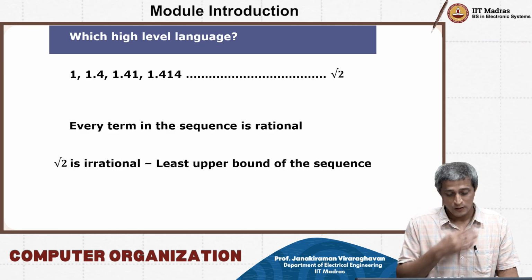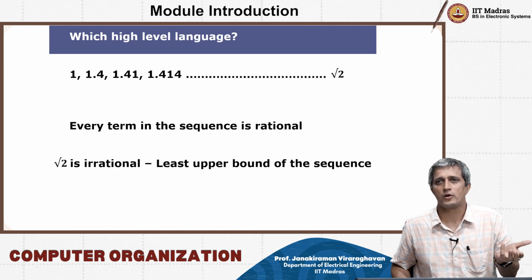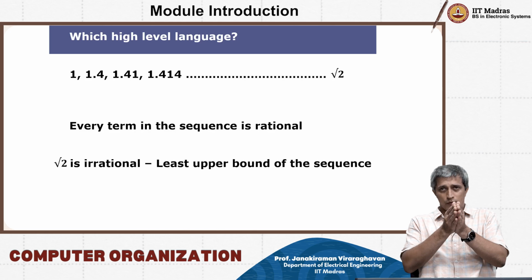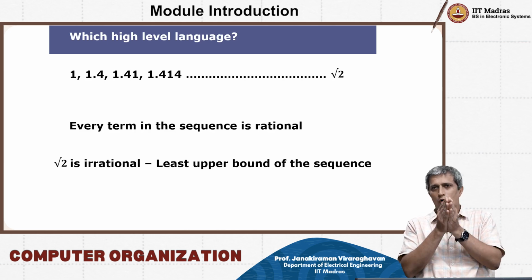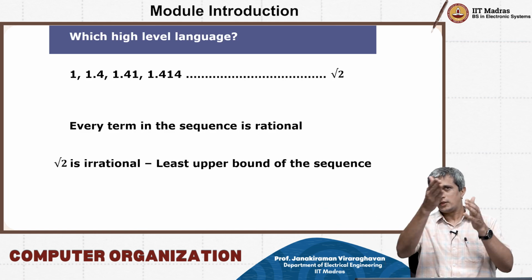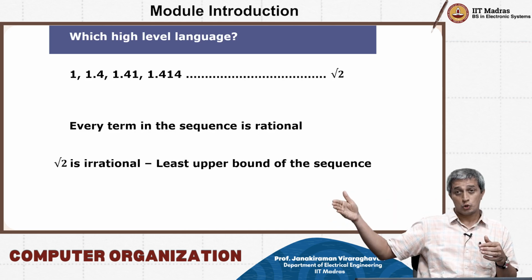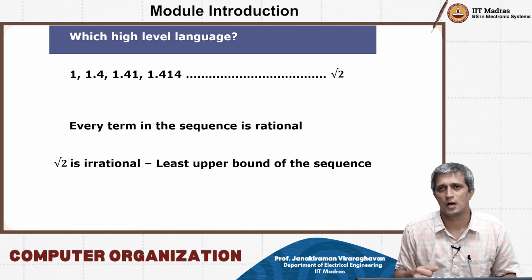And root 2 is basically the least upper bound of this sequence. What does least upper bound mean? For example, for this sequence, 2 is also an upper bound. None of these terms will actually be equal to 2, but 2 is still greater than every term, so it's an upper bound to every term in this sequence.